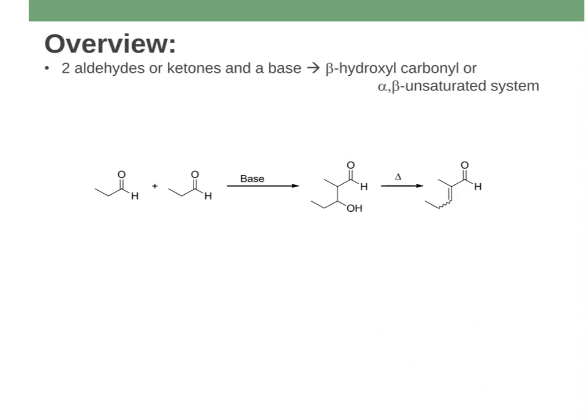You're going to find that all of these aldol condensations involve two aldehydes and ketones, or at least a mixture of the two of them. In this case, I have two aldehydes.